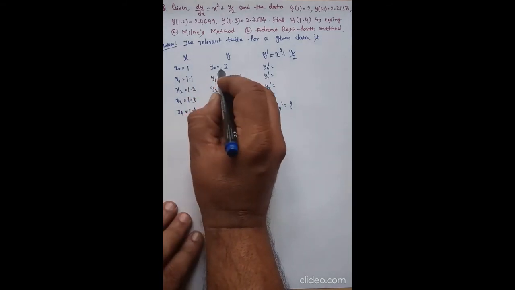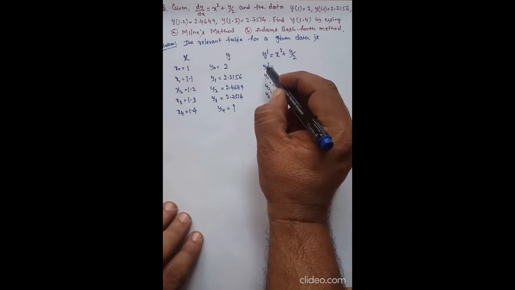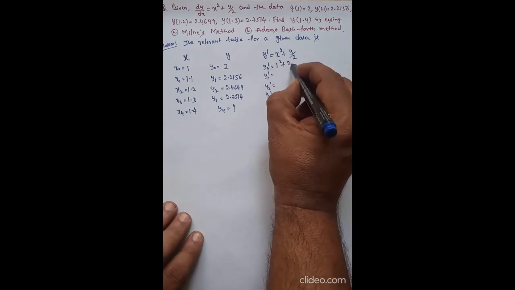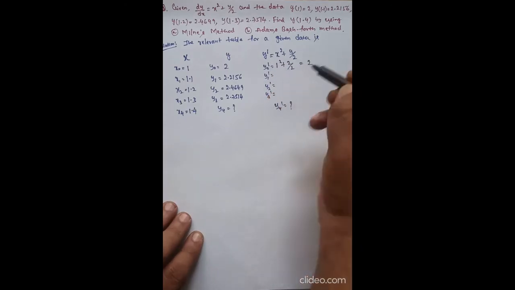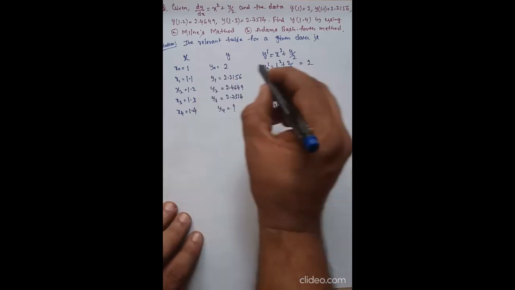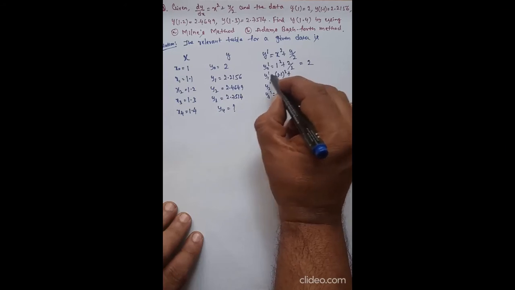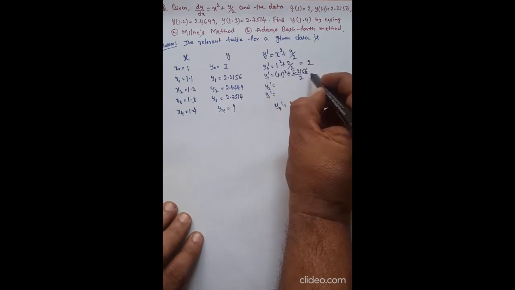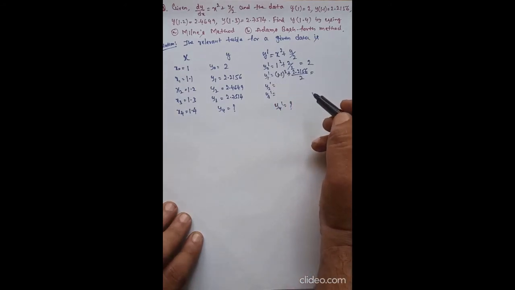Corresponding to these two values, whatever value comes will be taken as y naught dash. Substitute now. 1 square plus y, y is 2, by 2. If I simplify this, we get 2. Next, it is 1.1 whole square plus y, which is 2.2156, divided by 2.